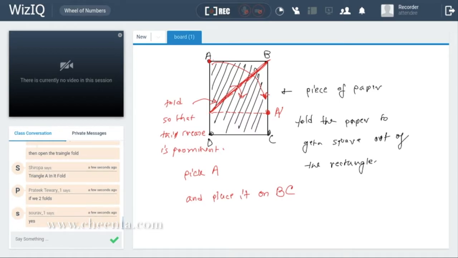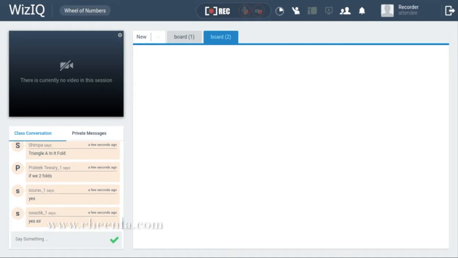If you get this, now your paper should look somewhat like this. So this is the folded portion, and your paper should look somewhat like this.